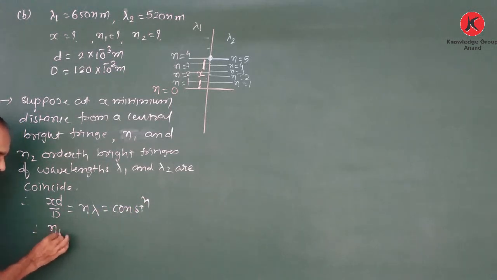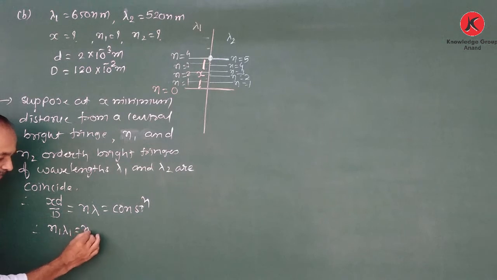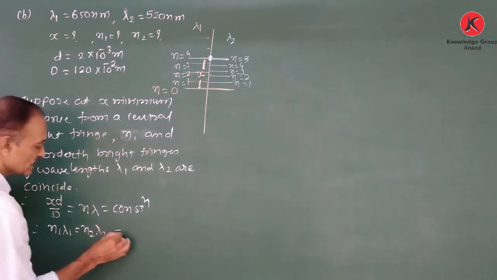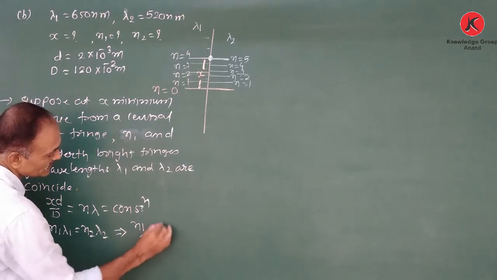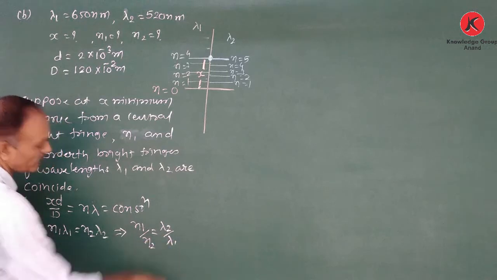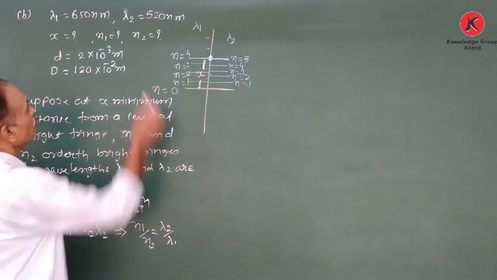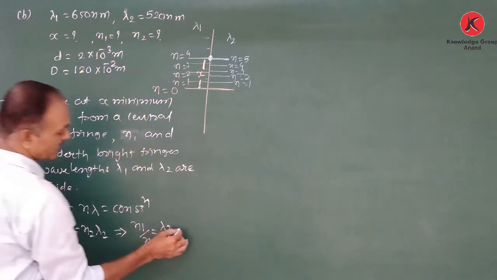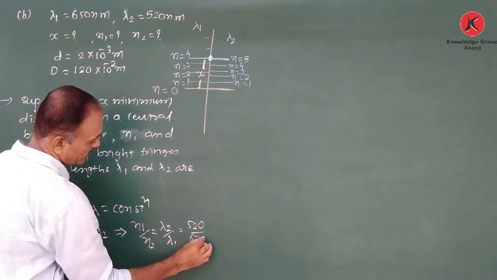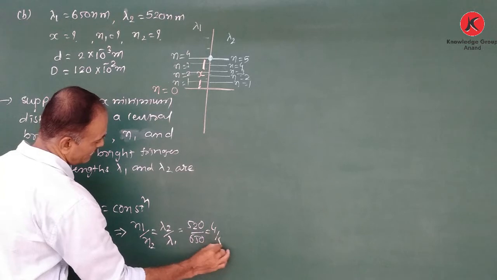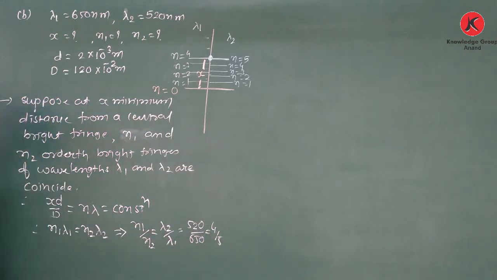Therefore, n1 lambda 1 is equal to n2 lambda 2. From this, we get n1 upon n2 is equal to lambda 2 upon lambda 1. Lambda 2 is 520 and lambda 1 is 650, that means 4 by 5.